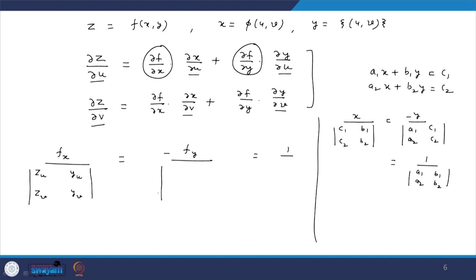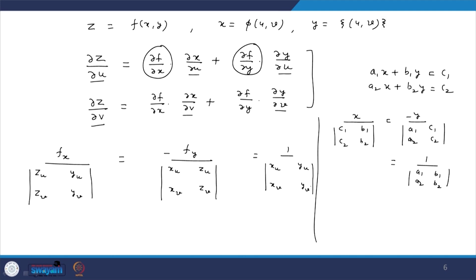Here what is this? A1 A2. What is A1? A1 is XU, XV and C1 C2, that is ZU, ZV, and this is simply the determinant of this term, that is XU, YU, XV, YV.